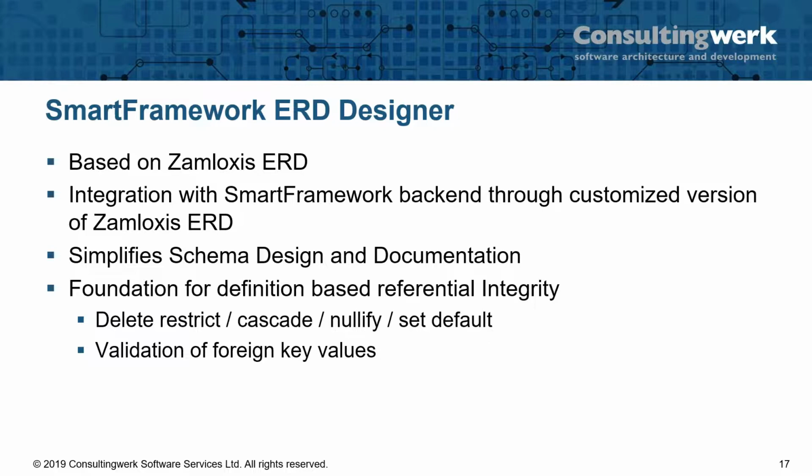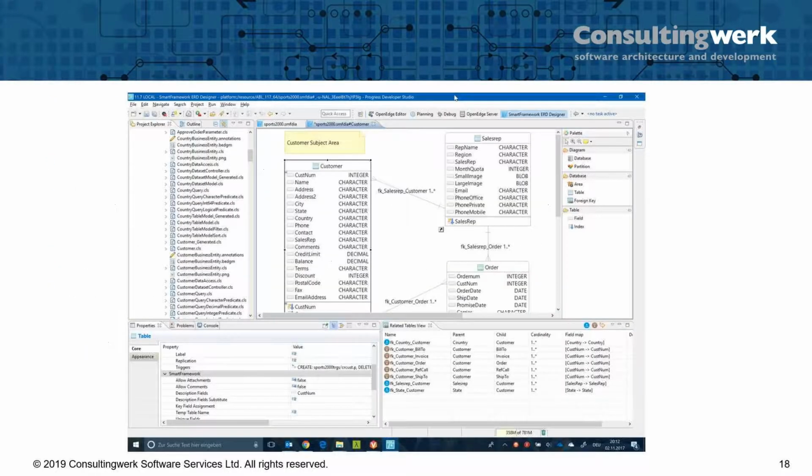And when you start defining referential integrity, it's really a job that requires a graphical diagramming tool, and therefore we've integrated Salmoxis into the framework and can use this to maintain the relation information that we need for our referential integrity.